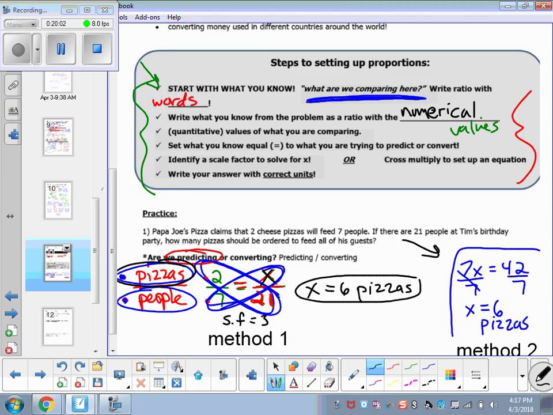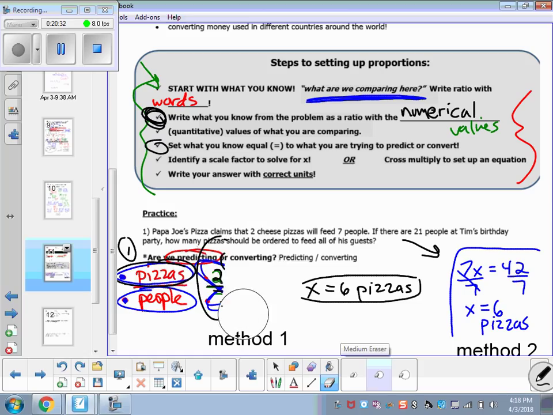Our unknown was also in the numerator. Okay? The next thing we're going to do is write what we know from the problem as a ratio with numerical values. That's the 2 over the 7. So ask yourself first over here what we're comparing. Then right here, write down what you know. Then we're going to set it equal to what we're trying to predict. Now this is getting a little messy, so let me erase.